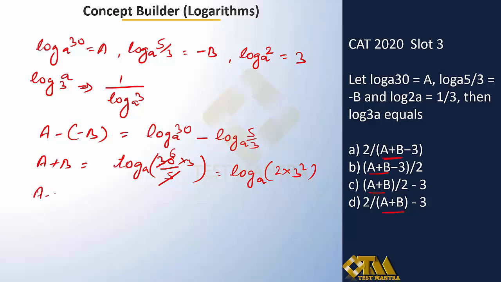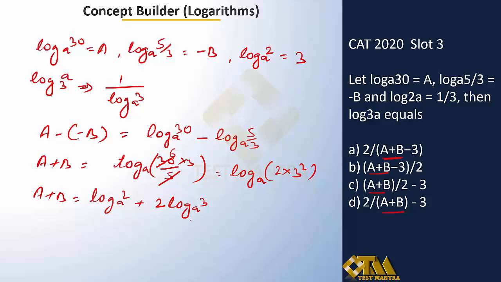So I can say a plus b is supposed to be log 2 to the base a plus twice of log 3 to the base a, right? And my requirement is to find out log a to the base 3, right?